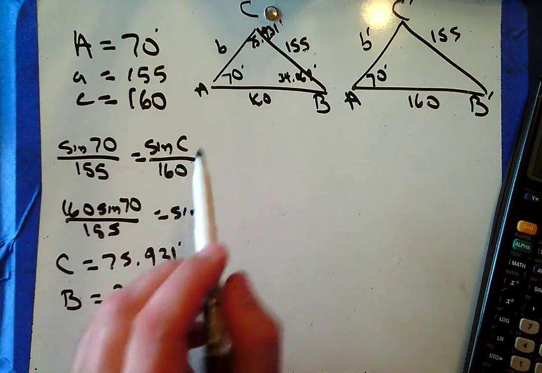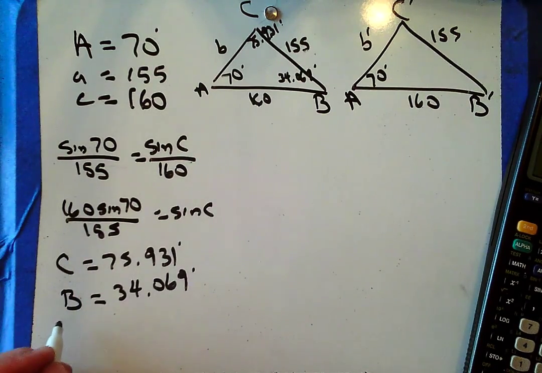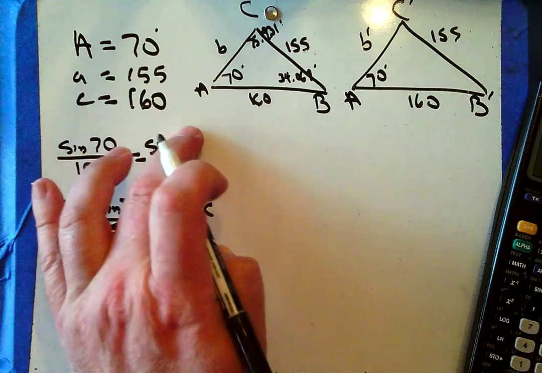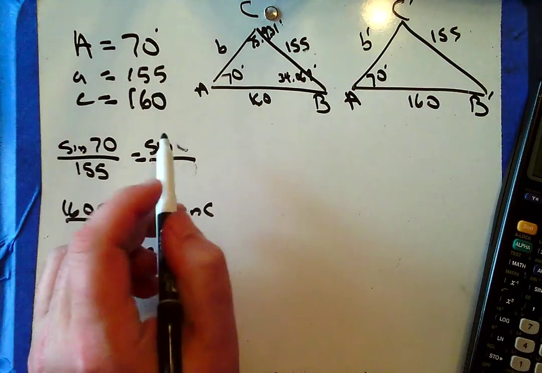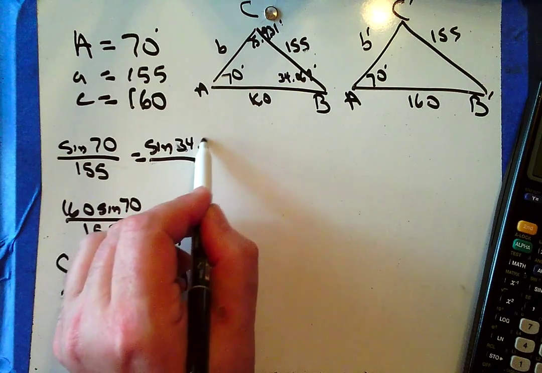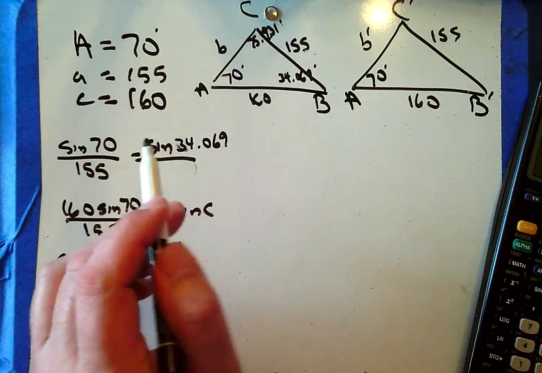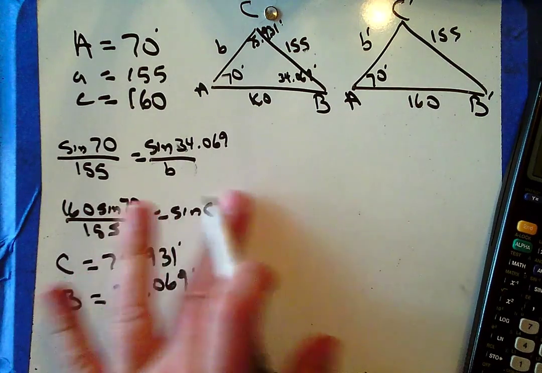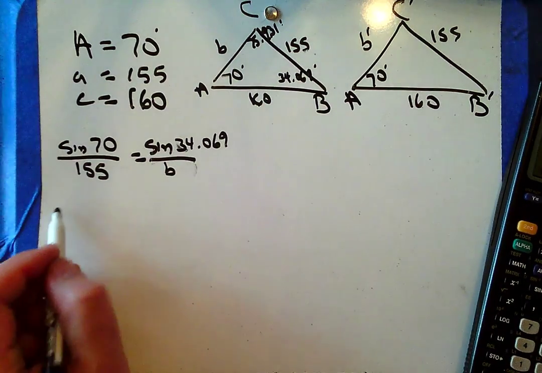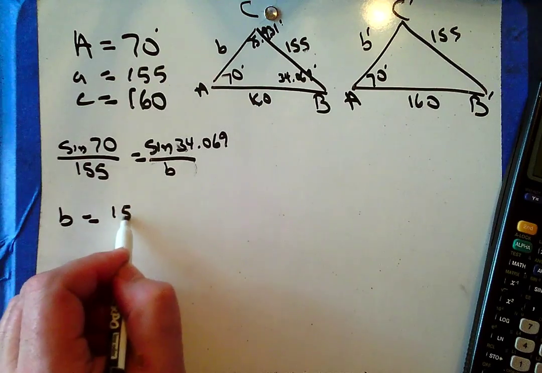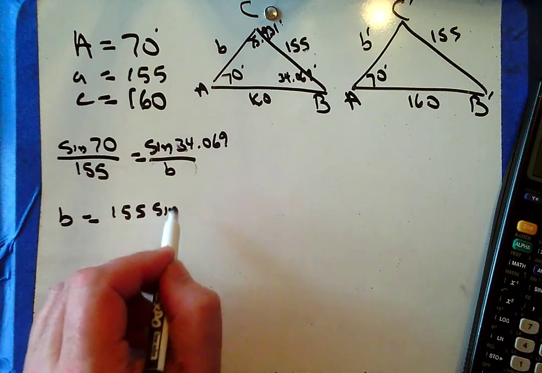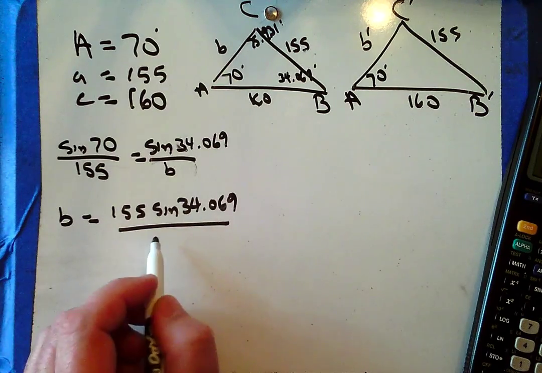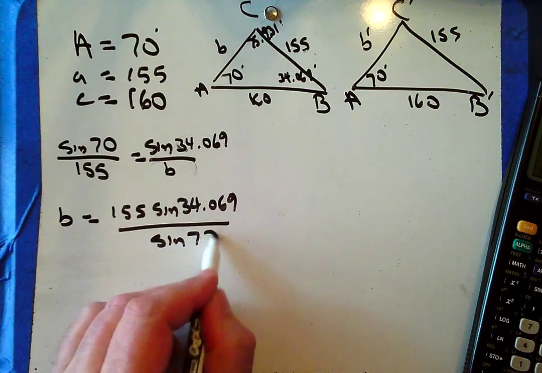I use the law of sines again, and this time I say the sine of 70 over 155 equals the sine of 34.069 over little b. So b will be equal to 155 sine 34.069 divided by sine of 70.